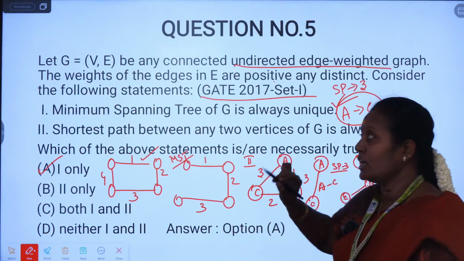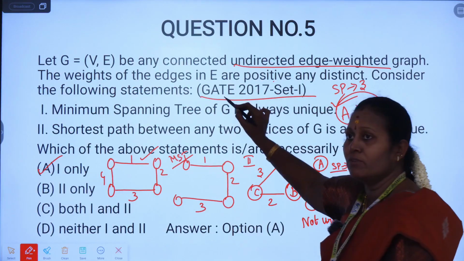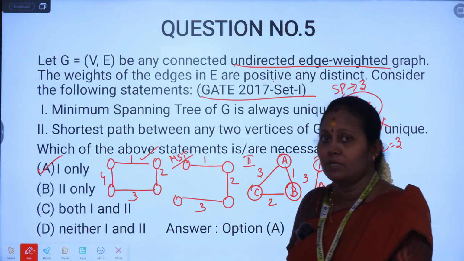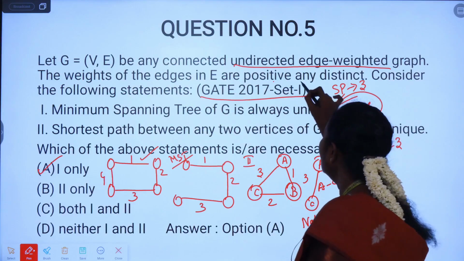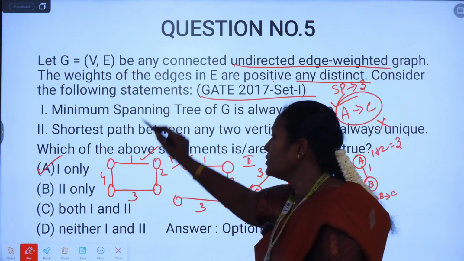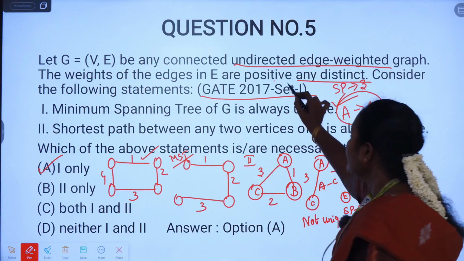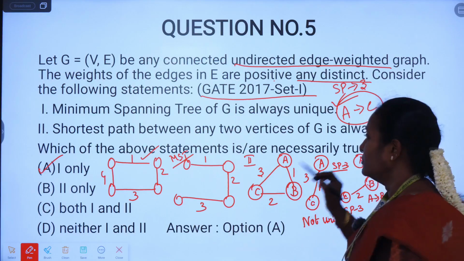First you have to note down all the conditions they have given. Based upon that you have to consider the example, then only you will get the correct answer. So in this they have given distinct values. If you are considering the same values, you will not get the correct answer here. So you have to read the question properly and then solve the problem.